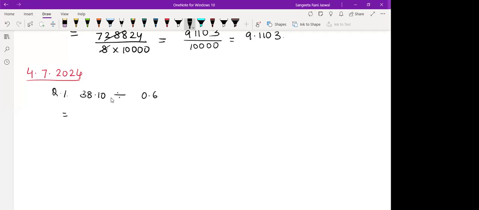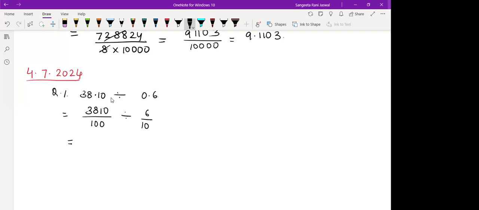Okay. See here, the first thing is that you convert both the decimals to fraction form. Okay. 3810 by 100. Then you have here 6 by 10. Done? Yes.